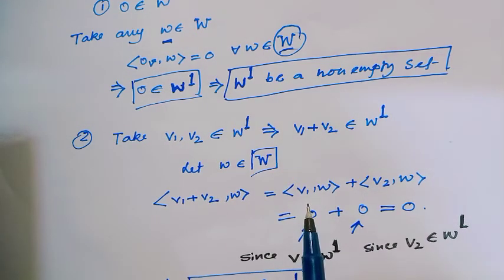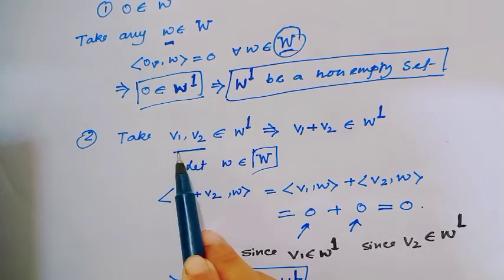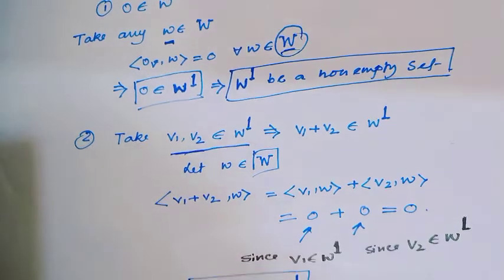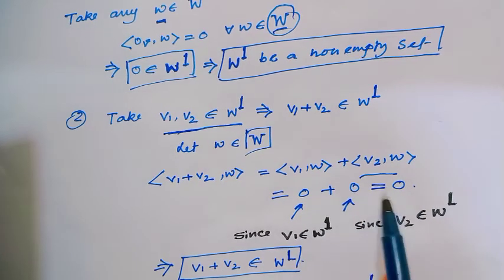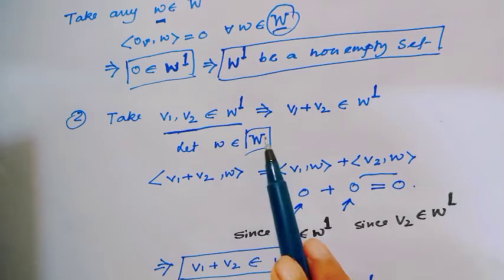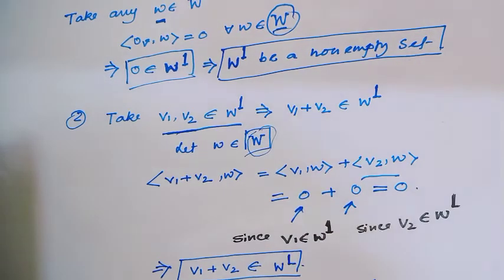And since I have considered v1, v2 belonging to W perp, obviously the inner product of v1 with w equals 0 and the inner product of v2 with w equals 0, because w belongs to W. Okay.